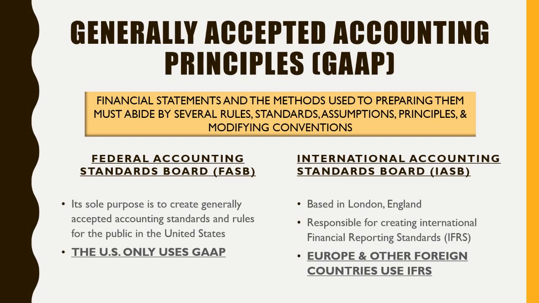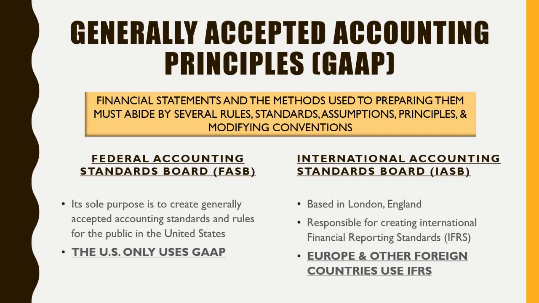Now in this case, in the United States, we only use the United States GAAP, GAAP standing for Generally Accepted Accounting Principles. We are very special because we create our own rules for the United States.